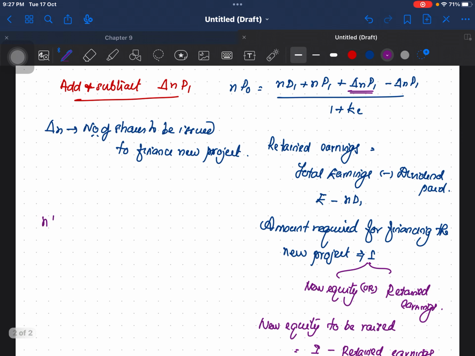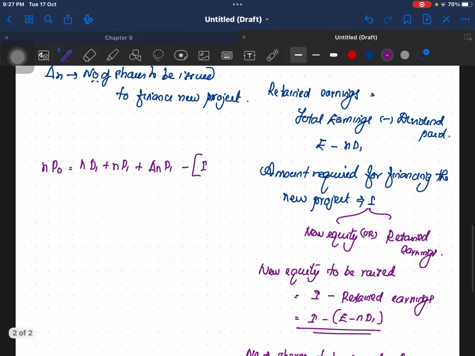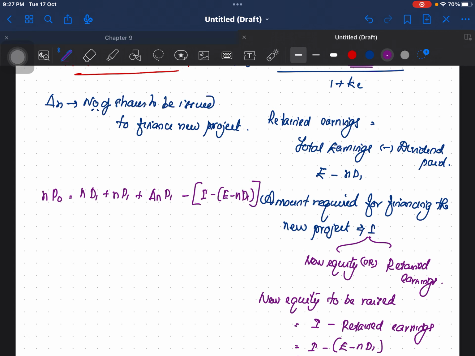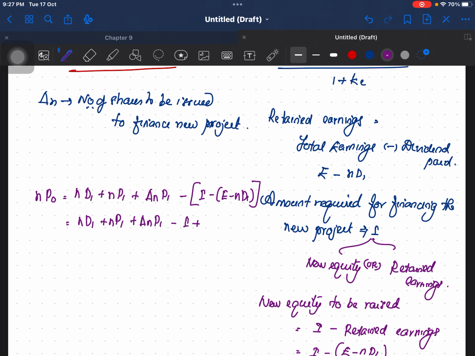Therefore nP0 is equal to nD1 plus nP1 plus delta nP1 minus I minus E minus nD1, that is equal to nD1 plus nP1 plus delta nP1 minus I plus E minus nD1.